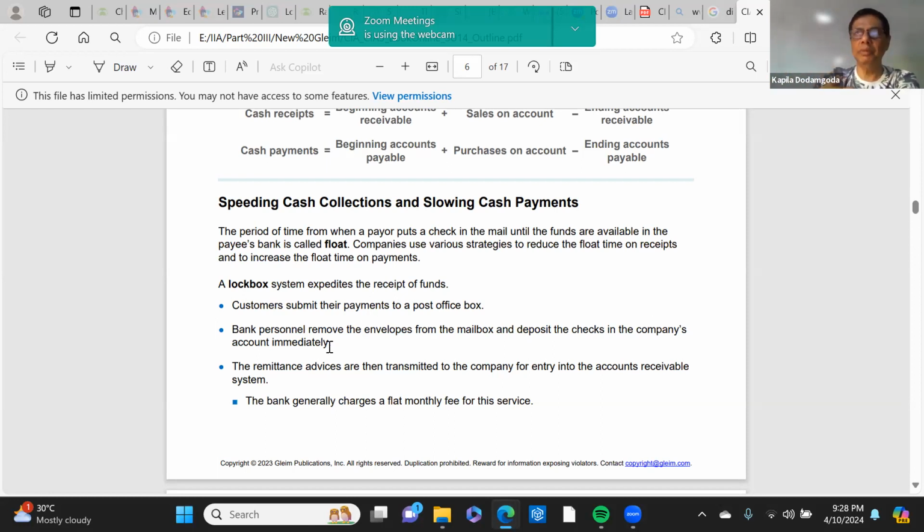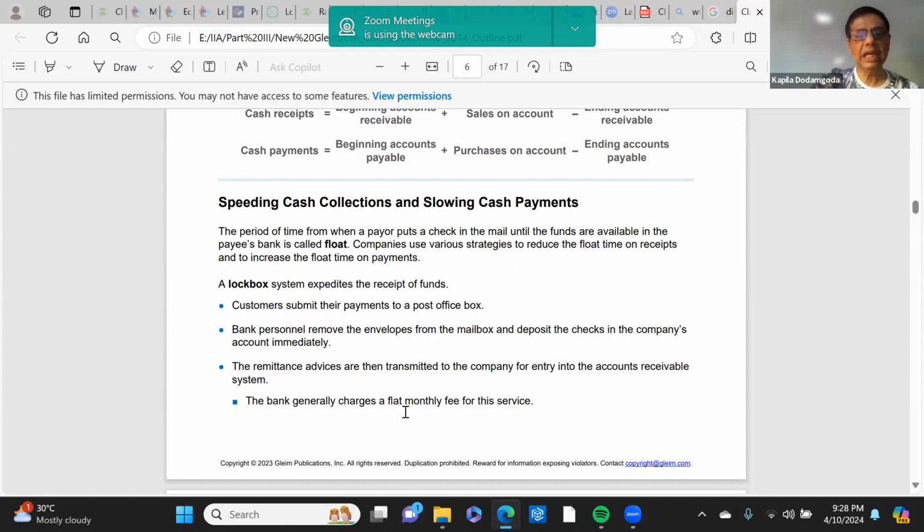So it's your receivable, and all the receivable checks come into your post box. The bank takes them out and deposits them to your account immediately. Then the remittance advices are transmitted to the company for entry into the accounts receivable system, so the company can update the accounts receivable system.